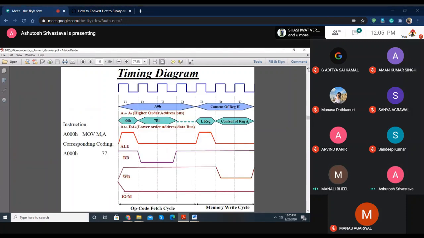Go ahead. Sir, this RD that is written, where we are reading from memory, why is RD bar written? Where is RD written? Capital RD bar, read. So basically it is just following from the previous internal diagram, where you would see that the values are coming as a complement of the processing signal: RD bar, WR bar, and IO/M bar.